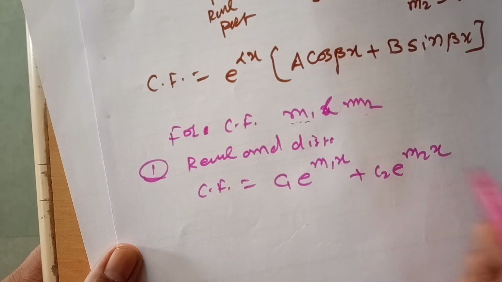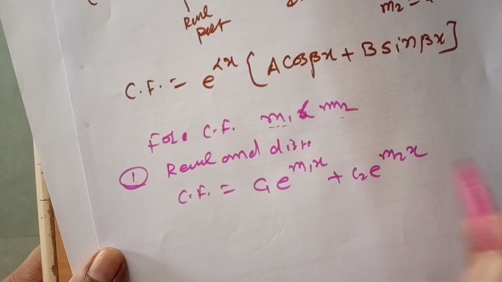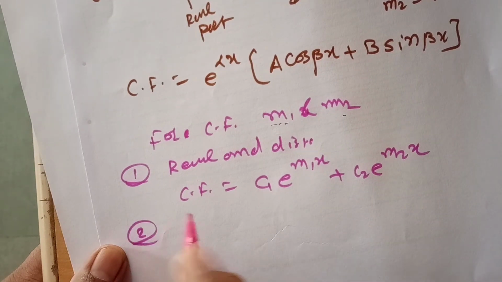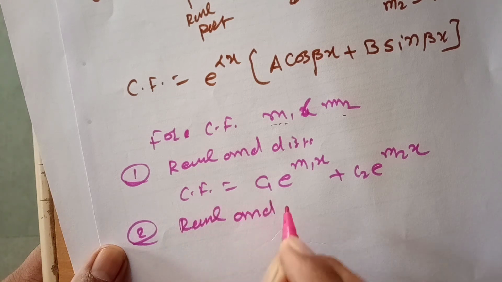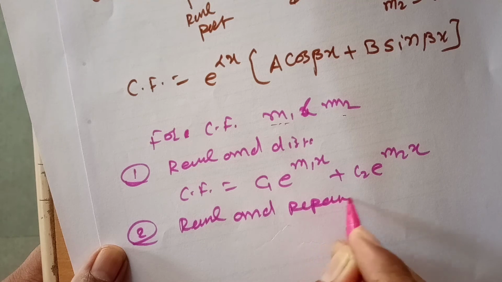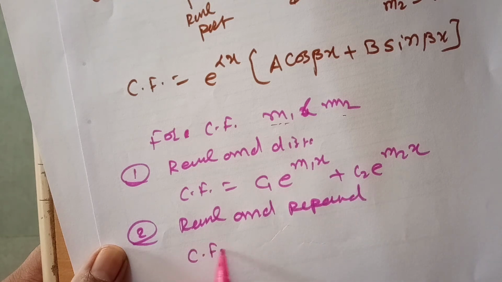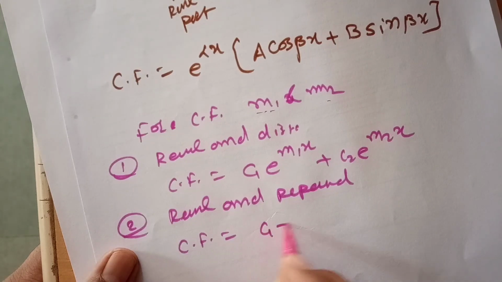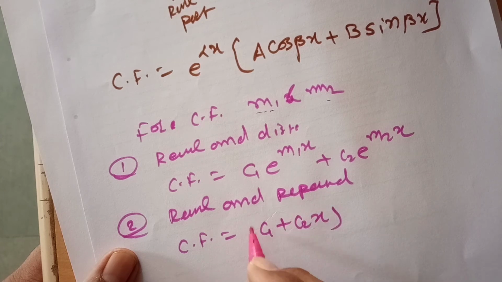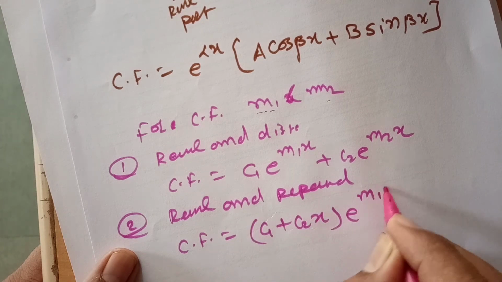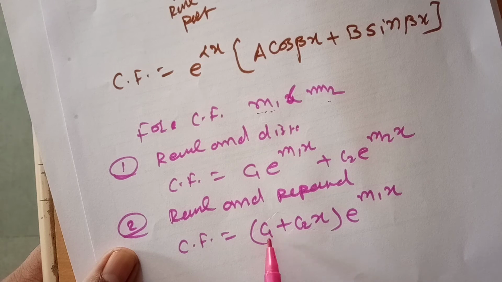If n roots are there, then we can write the sum up to n terms. Second case, if roots are real and repeated, then our CF is c1 plus c2 x into e raised to power m1 x. You can write c1 x into c2 or c2 x into c1, it doesn't matter.